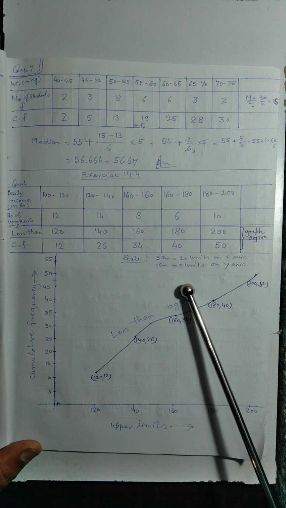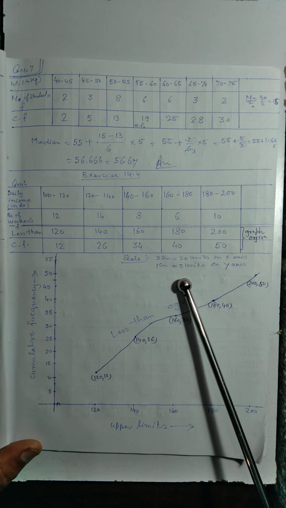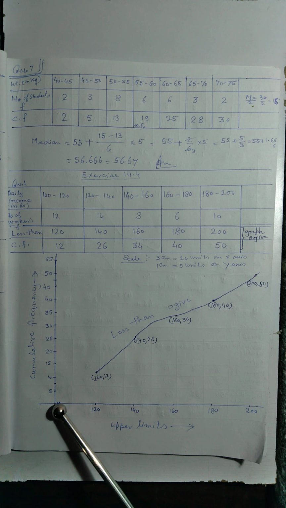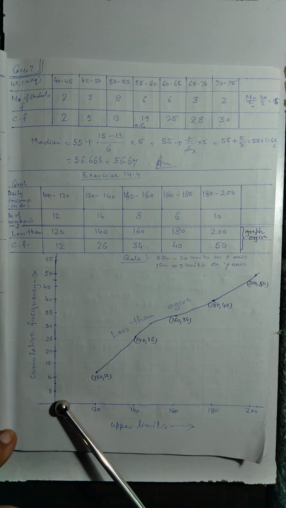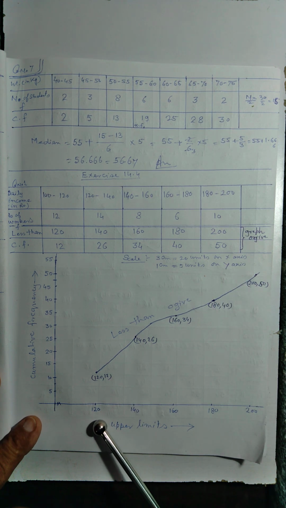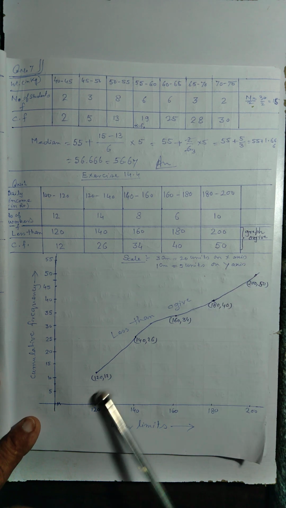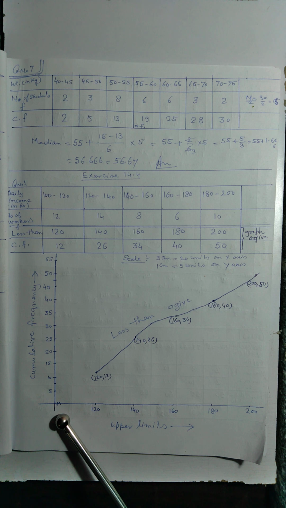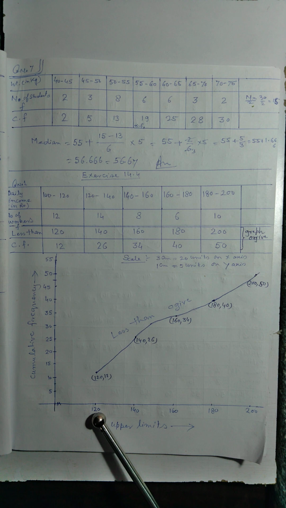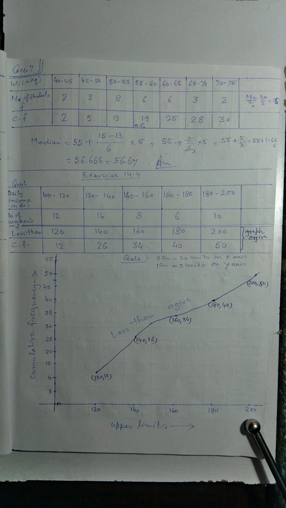Here I have taken 3 centimeter equal to 20 units on the x-axis, and 1 centimeter equal to 5 units on the y-axis. The numbers start from 100 to 120, 120 to 140, 140 to 160, 180, and so on.